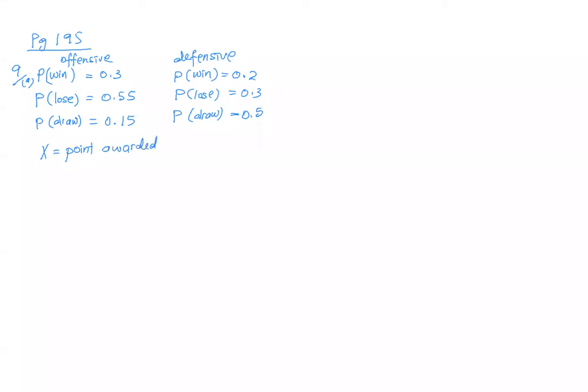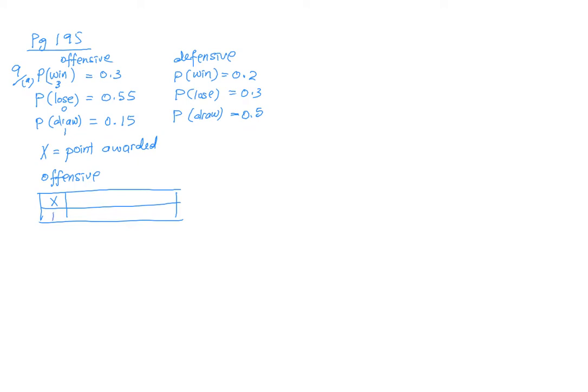Okay, so for offensive, you build the table, you don't rush. The X: win is 3 points, lose is no point, draw is 1 point.